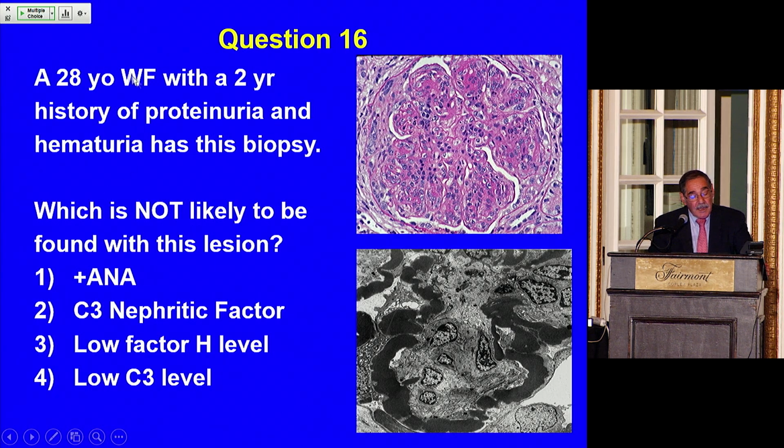Okay, a 28-year-old white female with a 2-year history of proteinuria and hematuria has this biopsy, which is not likely to be found with this lesion on light and this lesion on electron microscopy. A positive ANA, a C3 nephritic factor, low factor H, low C3 level.